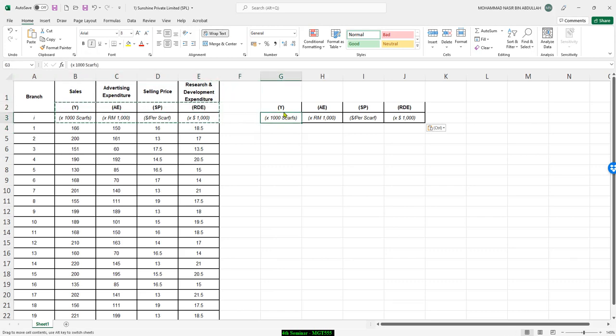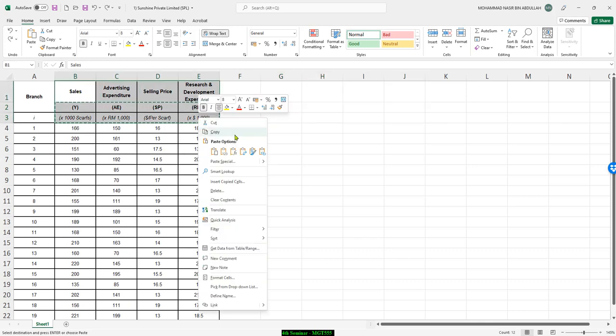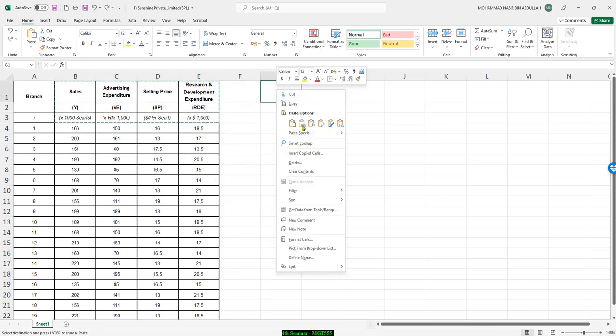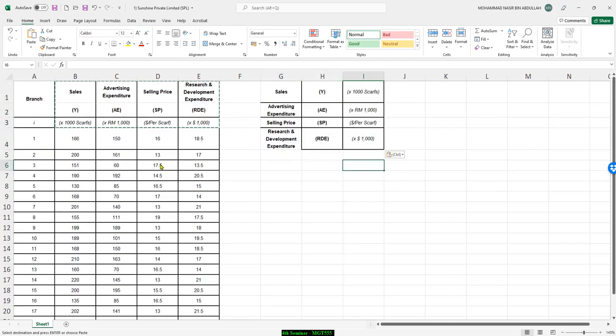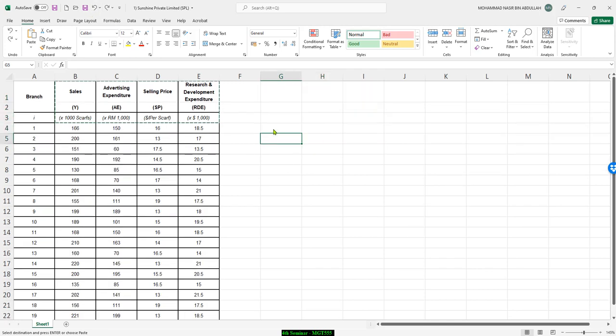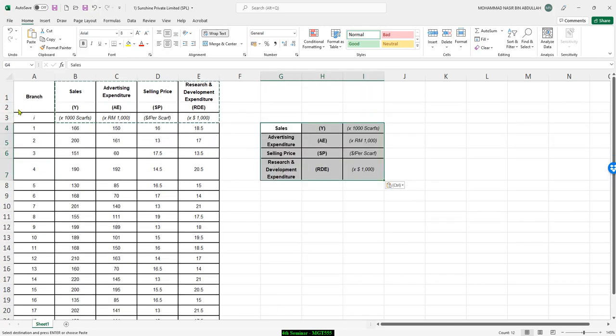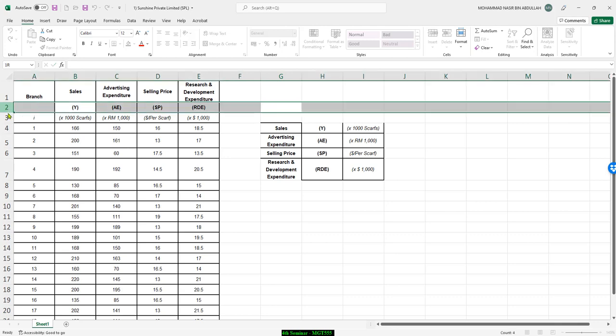Maybe I buang this dulu. Copy and I paste dekat sini. Right. So I paste dekat sini dulu. So sebab apa yang I nak buat dekat sini adalah I nak buang these two row ni.